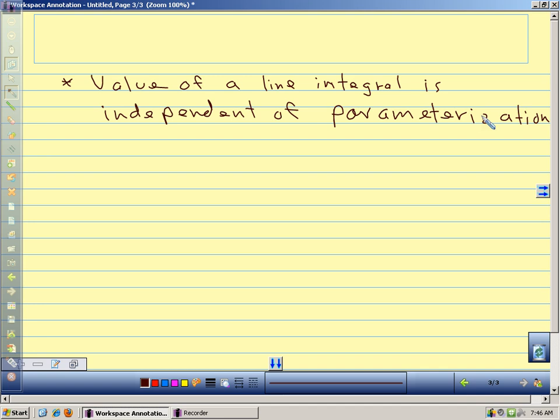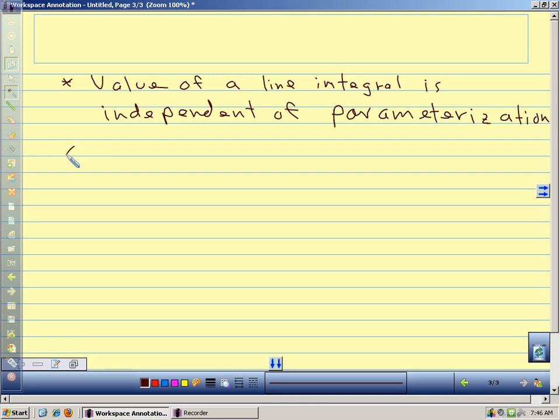And I said it didn't matter how you parameterized it. No matter how we parameterize the curve, the line integral will come out the same, because the parameterization affects how we express our vector or scalar field and the limits of integration. So no matter how we parameterize our curve, we get the same value.